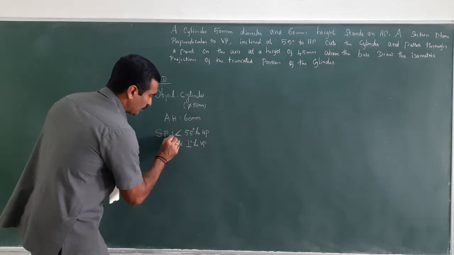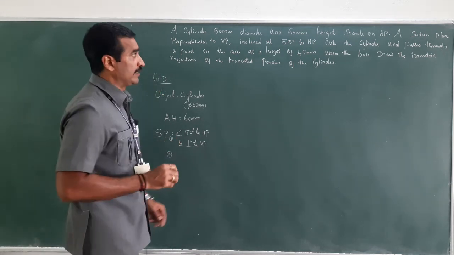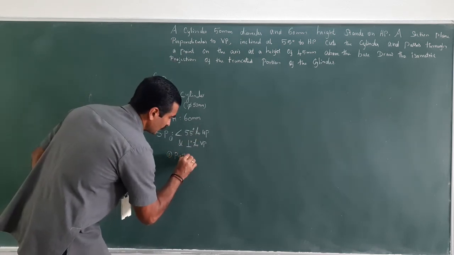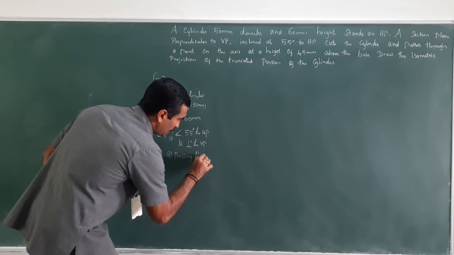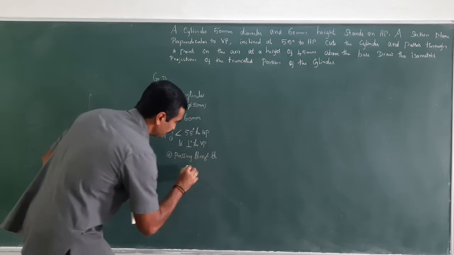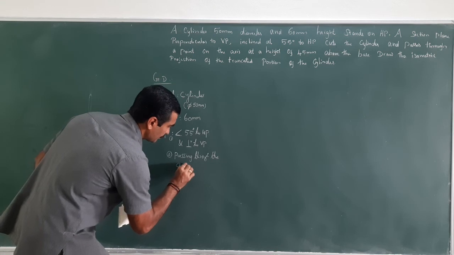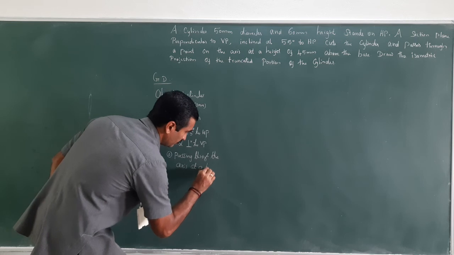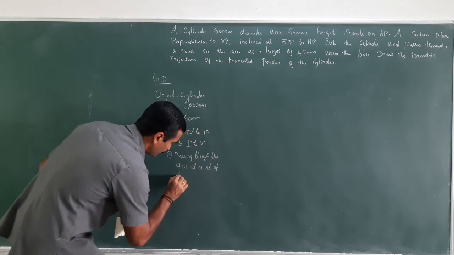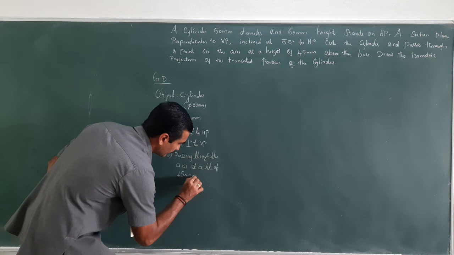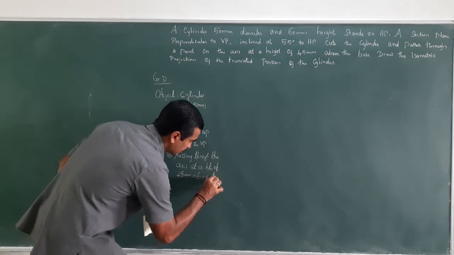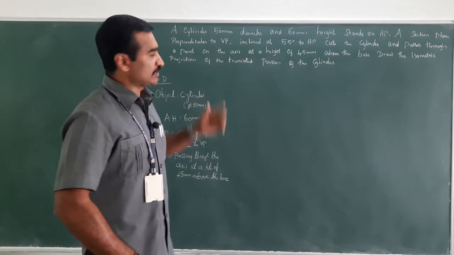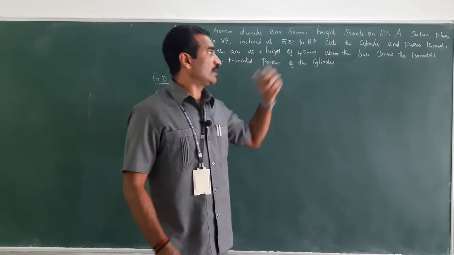So the condition 2 for the section plane is passing through the axis at a height of 45 mm above the base. Draw the isometric projection of the truncated portion of the cylinder.